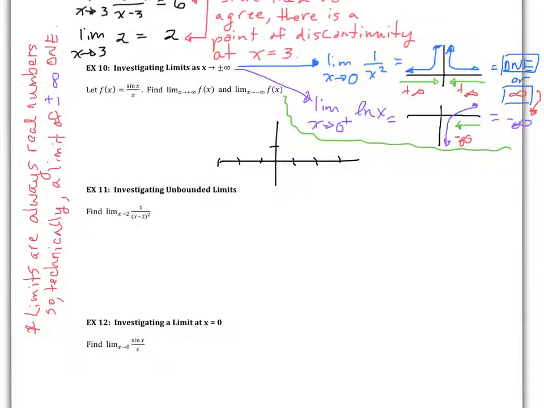I want you to put into your calculator the sine of x divided by x. We've seen this before, and then I want you to zoom in on it once. If you looked at the unzoomed version, you can see that it crosses the x-axis somewhere.